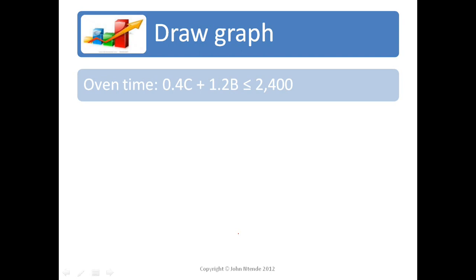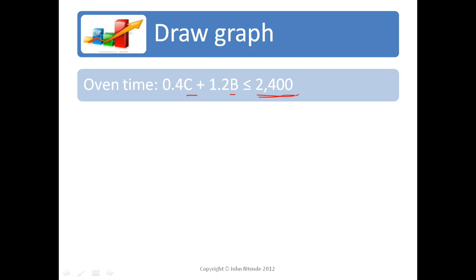Now 0.4c plus 1.2b is less than or equal to 2400, which is a straight line. So this equation is a straight line. You have two variables and you have this figure here. So this is a straight line, and if you remember, in order to draw a straight line, you need 2 points on that line.